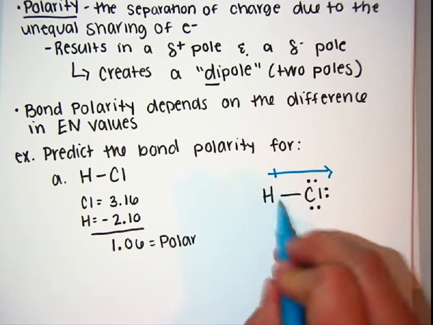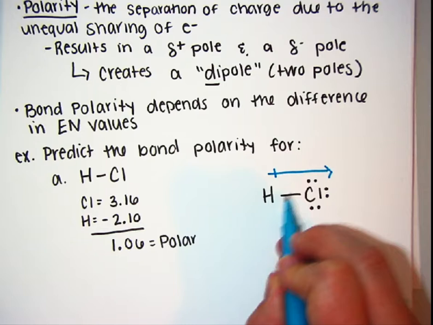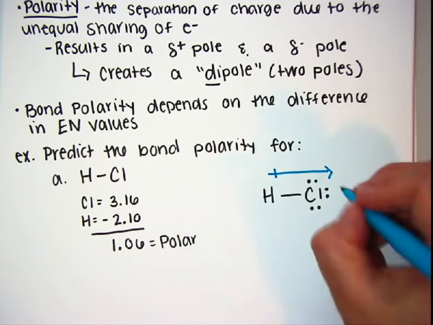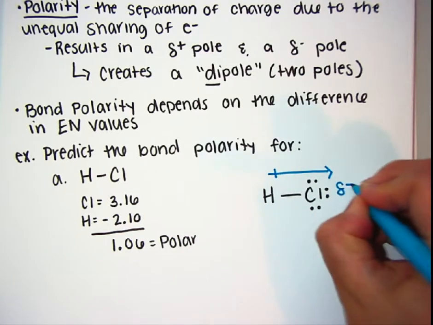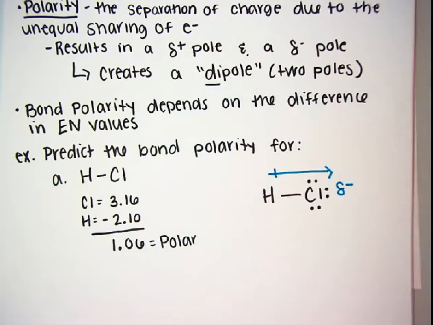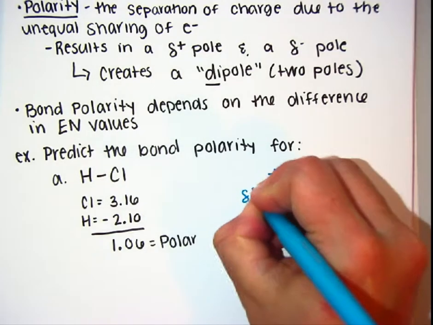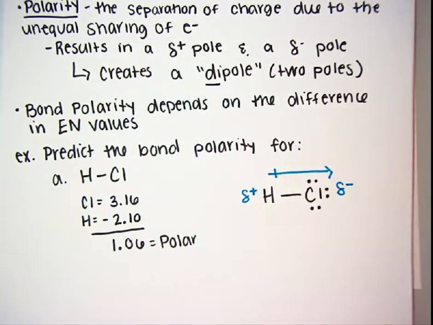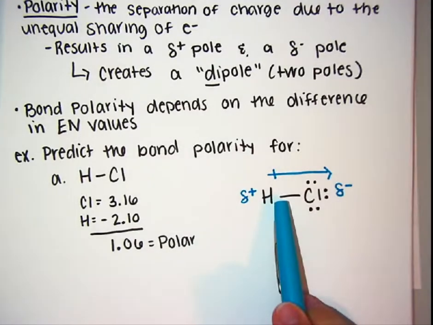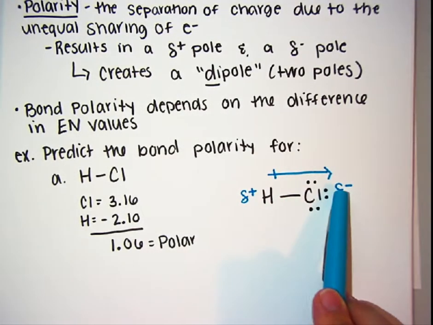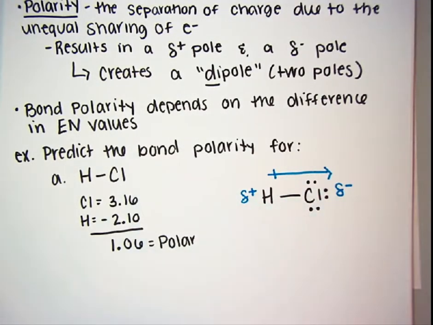So chlorine is going to pull these shared electrons closer to it. If it's pulling those shared electrons closer to it, chlorine would get the partial negative, and hydrogen would get a partial positive. Those electrons are being pulled away from hydrogen, which induces a partial positive charge.